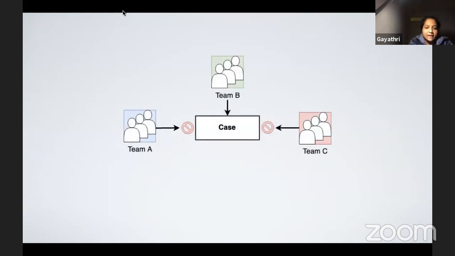But this also manifested in a different way, which was through code merge conflicts. It's quite clear from the way that Andrew described these cases that this is fundamental to all the features that these different teams were working on. So for any feature or story that any of the teams were working on, this case class needed to be modified. So you can imagine the merge conflicts this had caused.